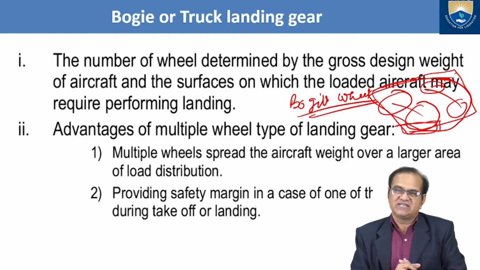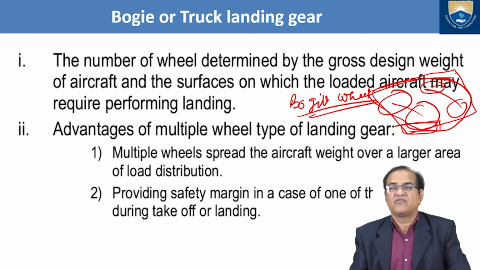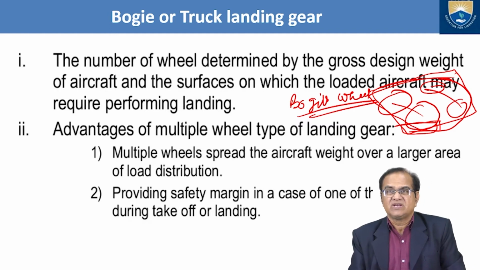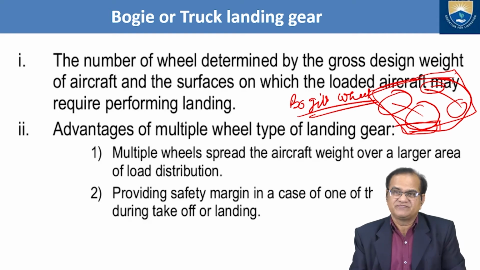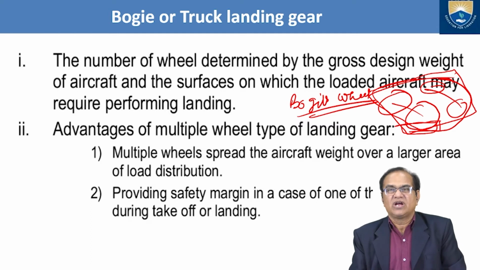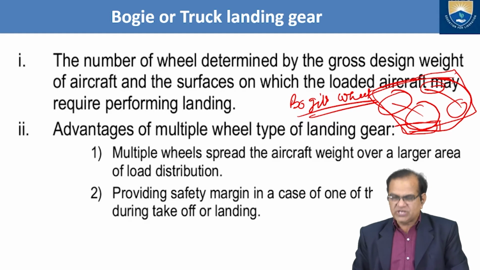Safety is maintained, because a lot of accidents have happened due to the bursting of aircraft wheels. If the aircraft wheel bursts, then it is very, very risky to land the aircraft again. Takeoff is done, but how will you land? So to avoid that, the truck type or the bogie type of landing gears are used.